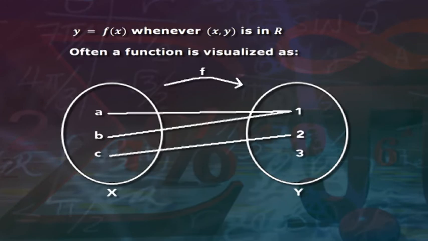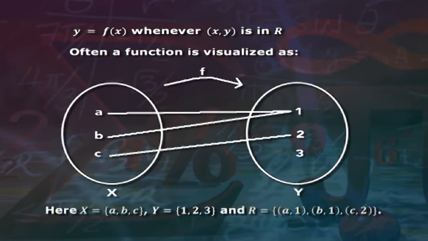In this case, we write y equals f(x) whenever (x, y) is in R. Often a function is visualized as, here X is equal to the set {A, B, C}, Y is equal to the set {1, 2, 3}, and R is equal to the set consisting of ordered pairs (A, 1), (B, 1) and (C, 2).